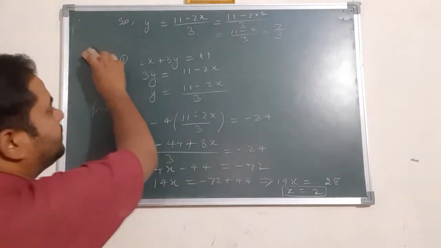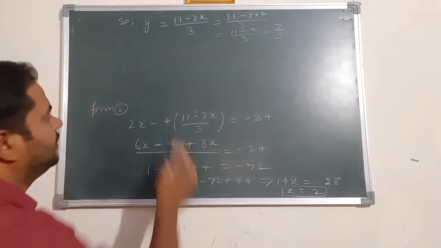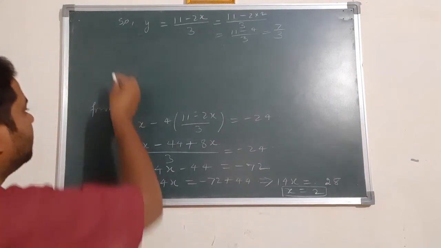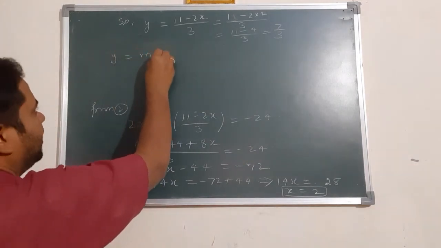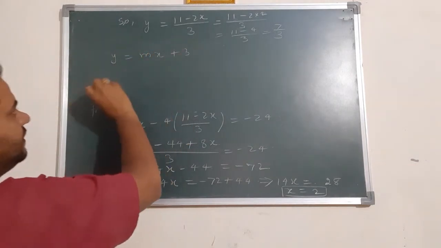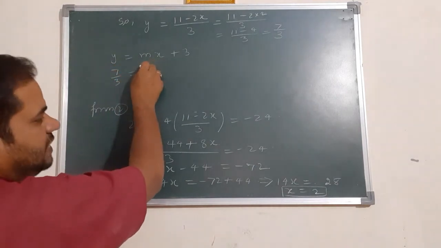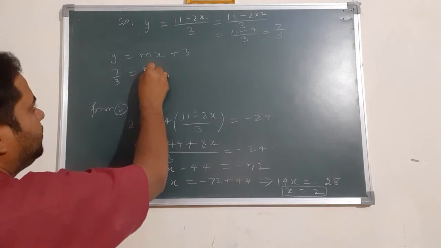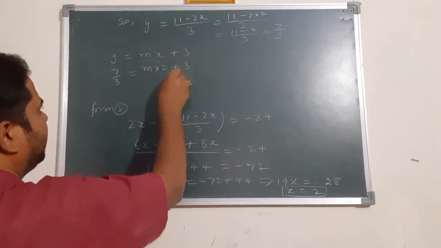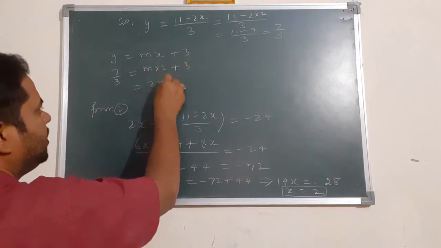Now putting these values of x and y in y is equal to mx plus 3. So y is equal to 7 by 3, and mx is m into 2 plus 3, so 2m plus 3.